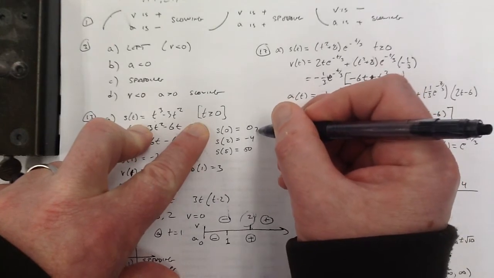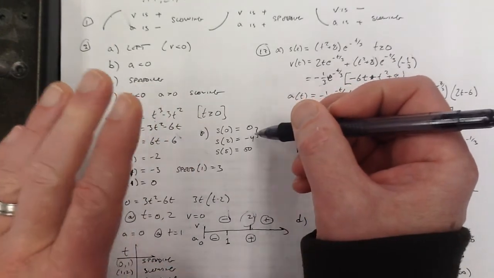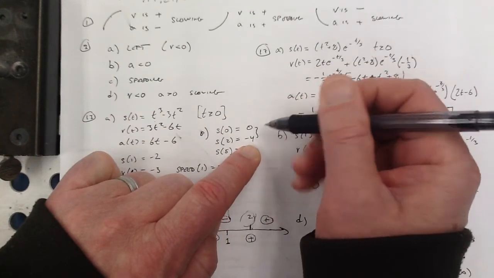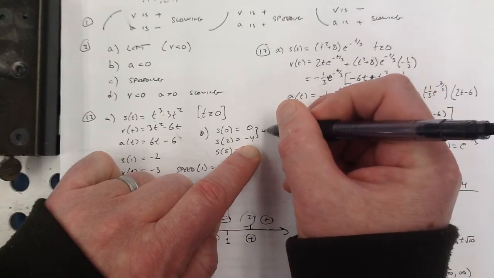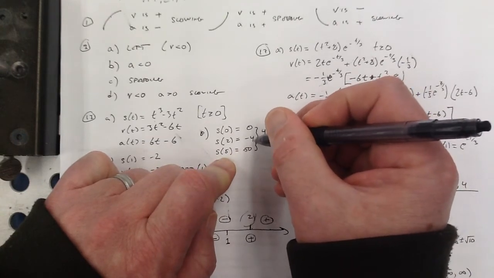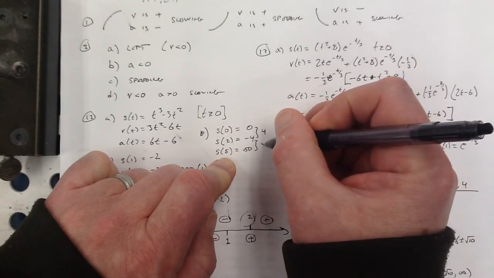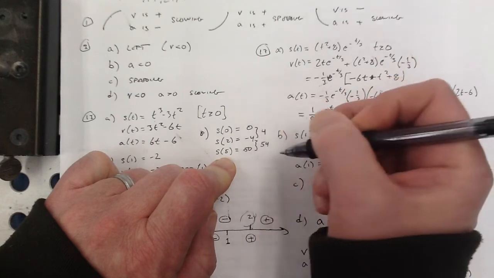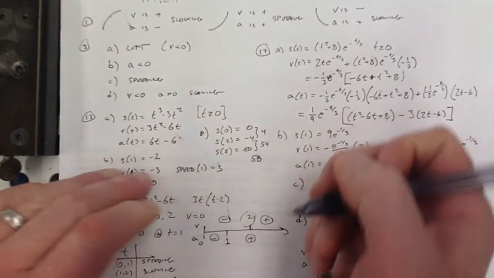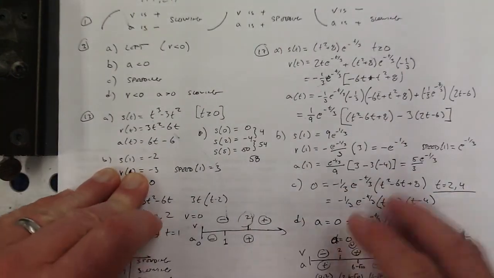You want to look at each leg of the journey. This is total distance, so everything's positive. 0 to negative 4, that's covering a distance of 4. Negative 4 to 50, that's covering a distance of 54. So total distance traveled is 58.